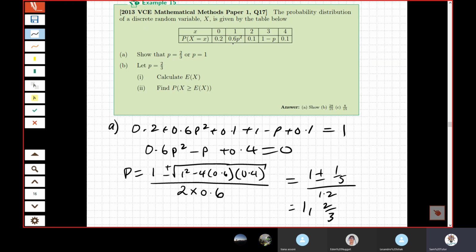So if p is 2/3, that means this number and this number are 2/3 squared, 4 on 15, and this one is 1 minus 2/3, which is obviously a third. All right, go and find the expected value and the probability. I'll give you guys a few minutes to try that.